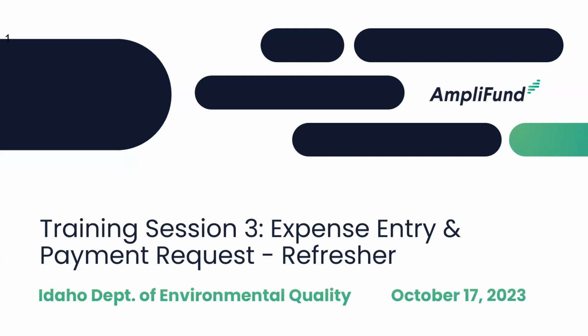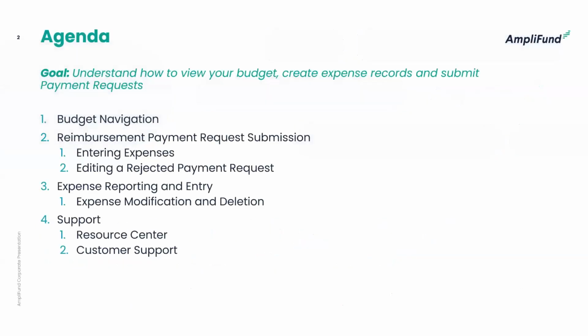So to get started, we wanted to first dive into a couple of things. Today, the main objective is to get a better understanding of how to review your budget, making sure you know how to create expense records, with the ultimate objective being able to submit payment requests.